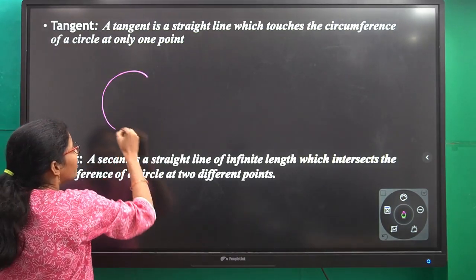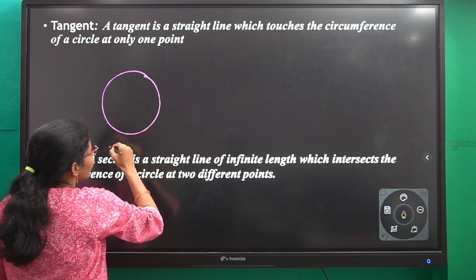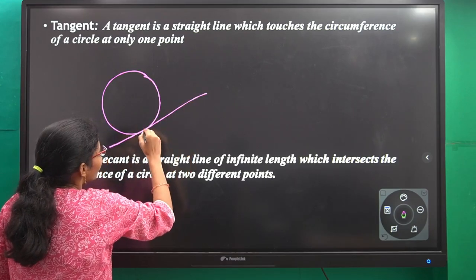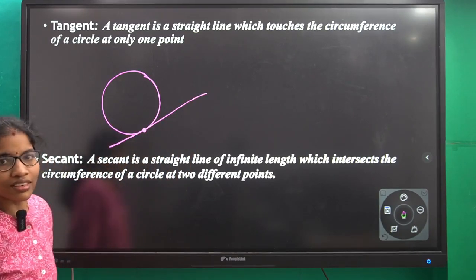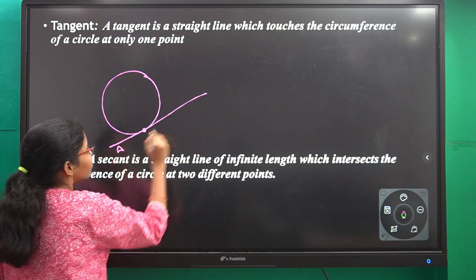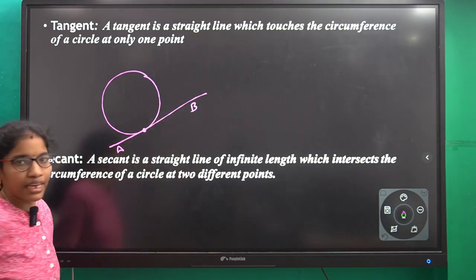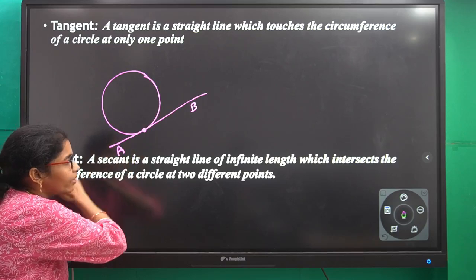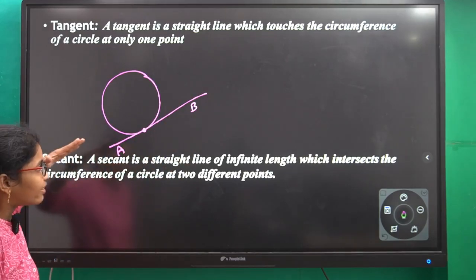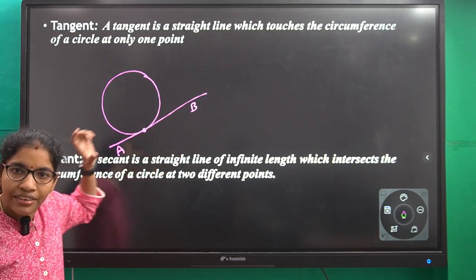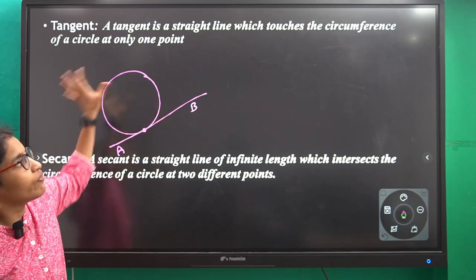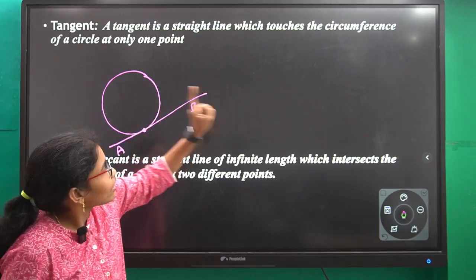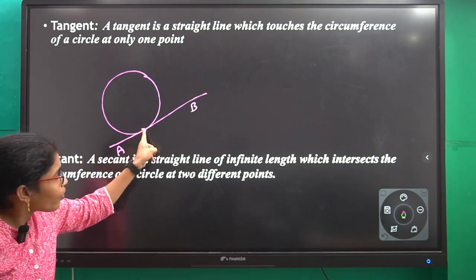Simply, a tangent is a line which touches the given circle at only one point. This is called a tangent. I am taking this line as AB. If you extend AB infinitely, it doesn't touch the circumference anywhere else. That means it touches the circumference at only one point.